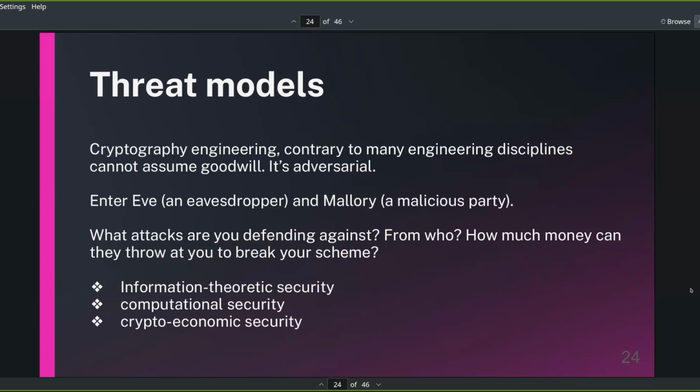It means that there is no way to break this. There is computational security. This is mostly used for asymmetric cryptography, cryptography that relies on a trapdoor function, a function that is easy to compute one way, but very hard to compute the other way.